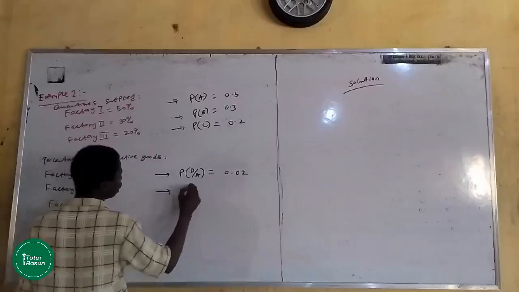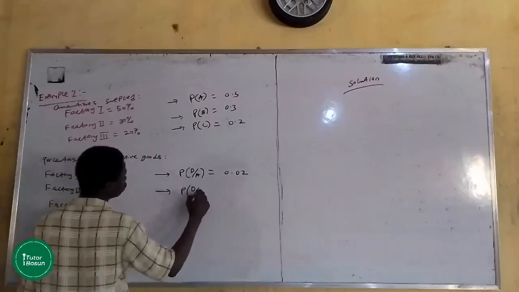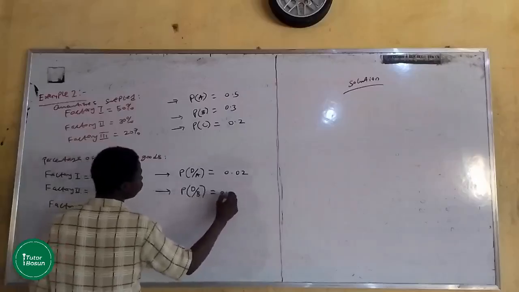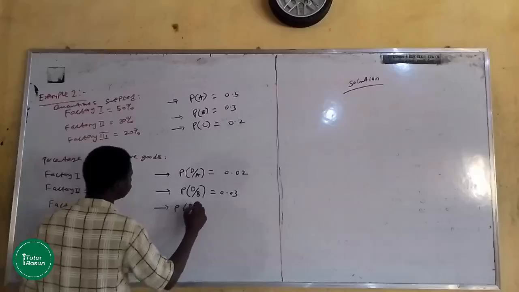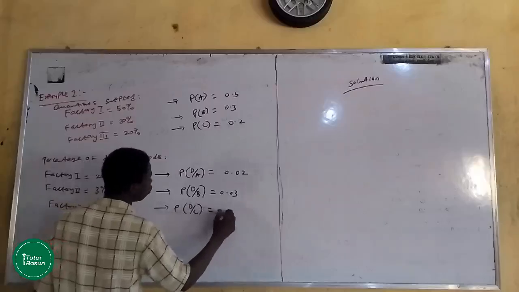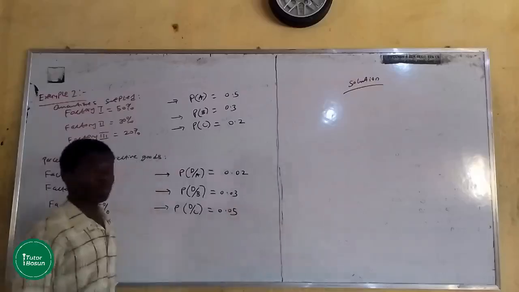Likewise, similarly, the probability of defective given B is 0.03, and the probability of defective given C is 0.05.